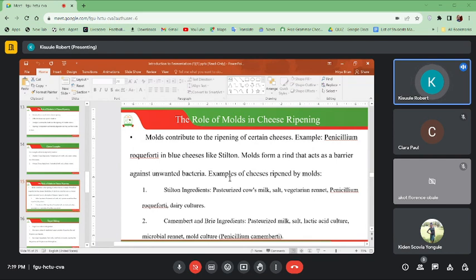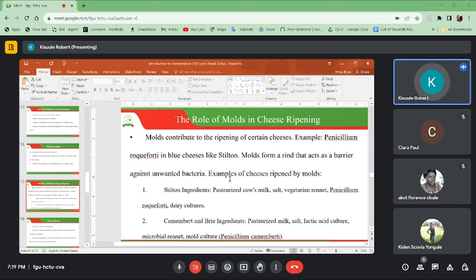When you look at these names, most of them sound like French names because first of all, we understand that the French have a lot of love for cookery. That's why you see most of even their services, the table d'hôte. Most of these things originate from the French.